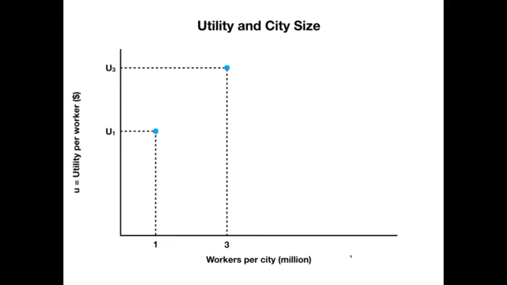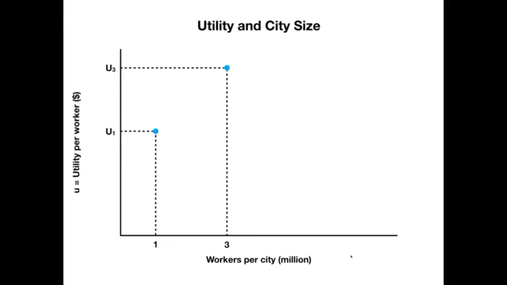What I want you to realize is that for most cities, as the size of the city increases, the utility per worker increases. So there are initially benefits that are being generated just simply from the size of the city. You could say that there are economies of scale with respect to utility per worker, that the utility per worker is increasing as the city gets larger.